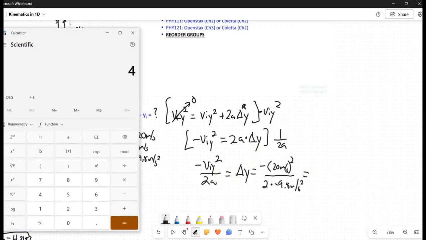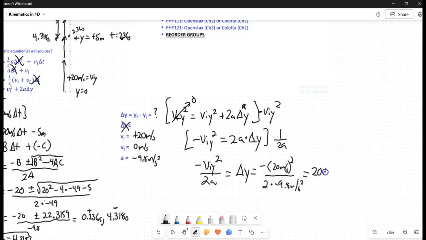So this is going to be 400 up top, and we're going to divide that by 2 times 9.8. The negatives cancel each other out. So that's going to be 20.41. So 20.41 meters is how high the ball got to.